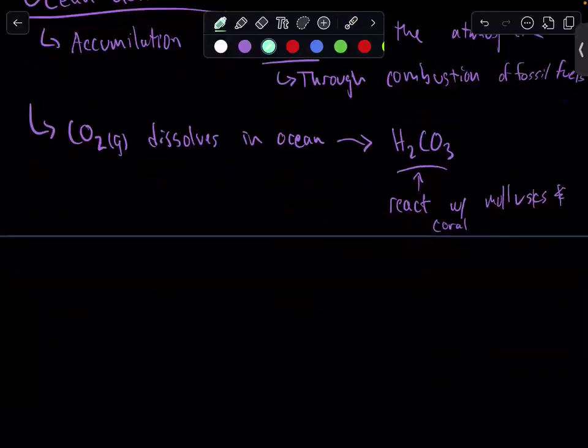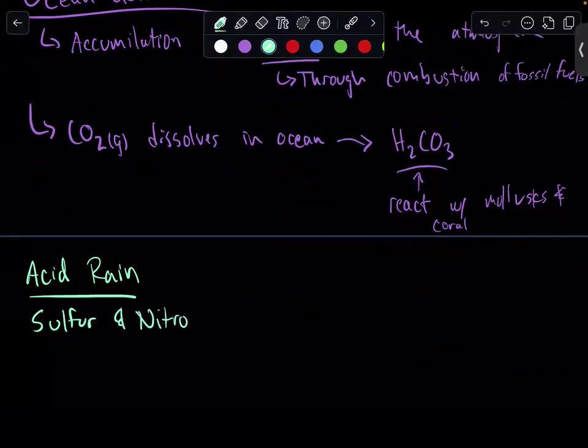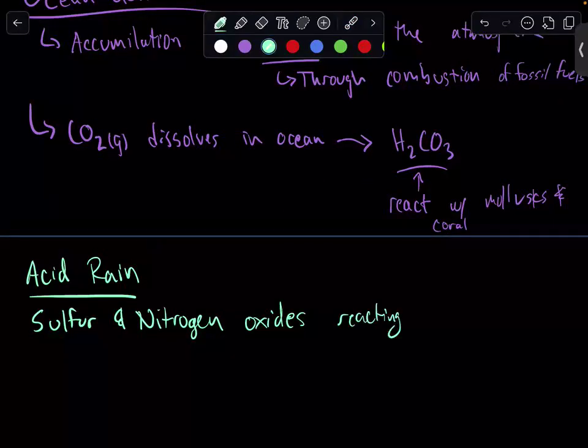The second impact that we're going to talk about is acid rain. So acid rain is specifically going to be via sulfur and nitrogen oxides reacting with water in the atmosphere. You can think of water pretty much everywhere in our atmosphere.